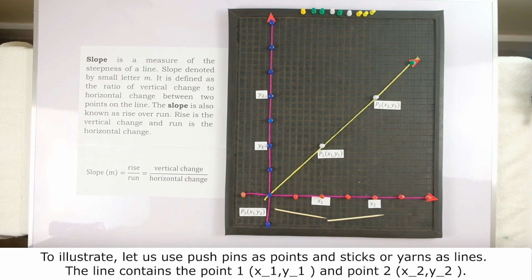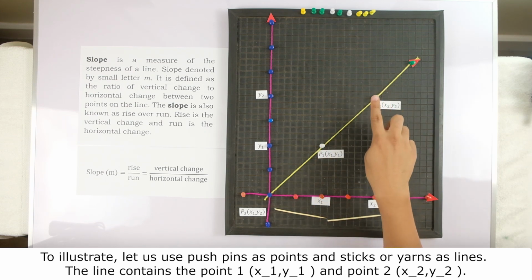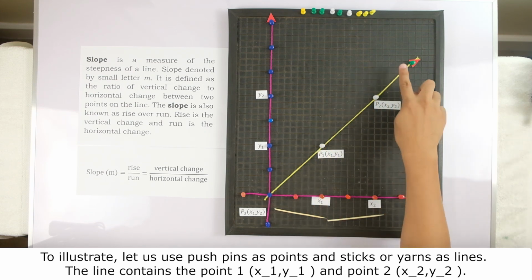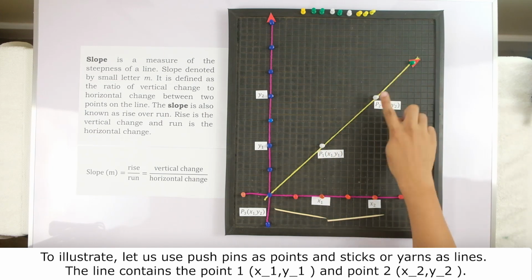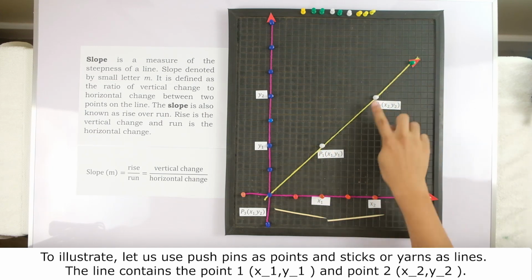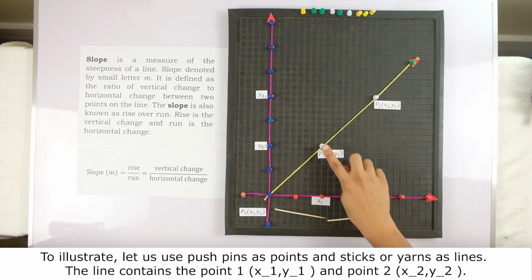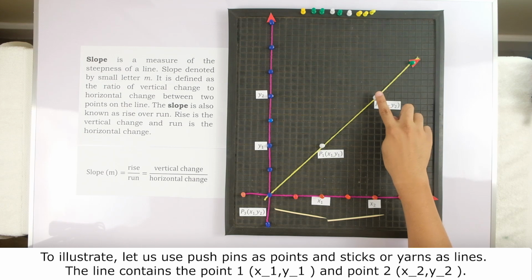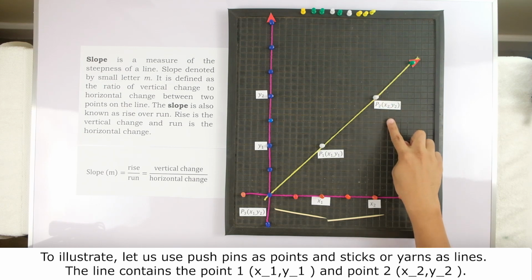To illustrate, let us use push pins as points and sticks or yarns as lines. The line contains point 1, (x sub 1, y sub 1), and point 2, (x sub 2, y sub 2).